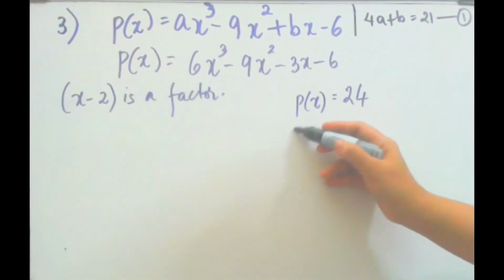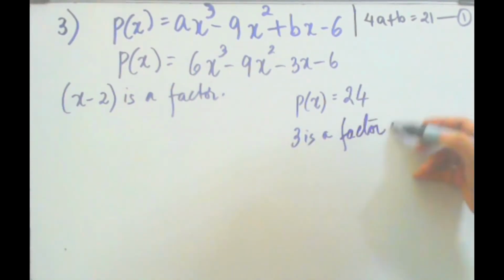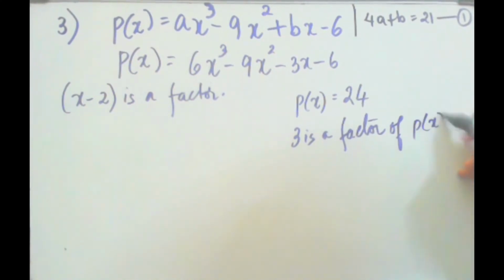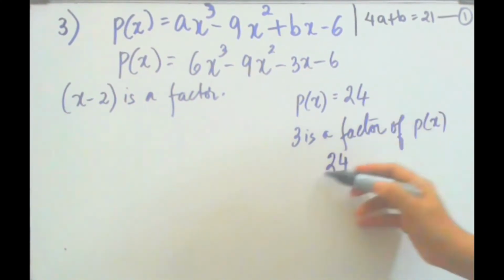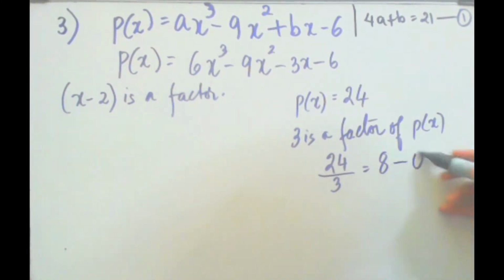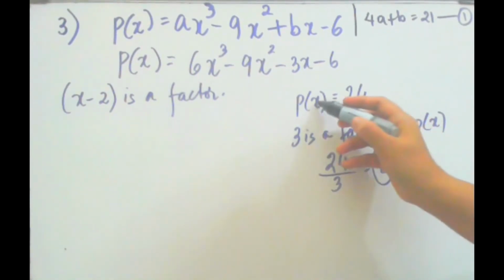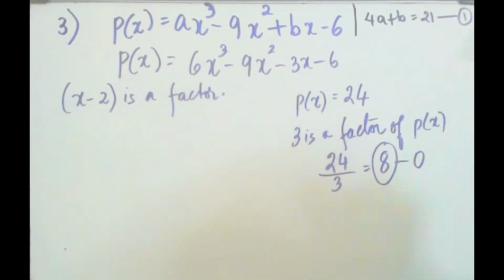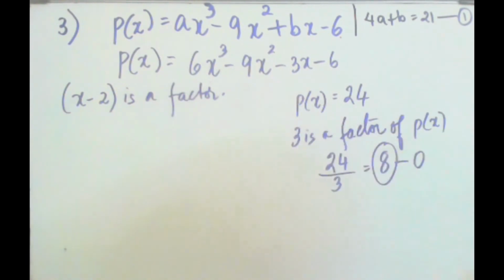If I tell you 3 is a factor of p of x, what does that mean? I can divide p of x, which is 24, by 3, and what I get is a quotient with remainder 0. So this quotient is another factor of p of x. So now we are going to find another factor for this polynomial by dividing the polynomial by the known factor.